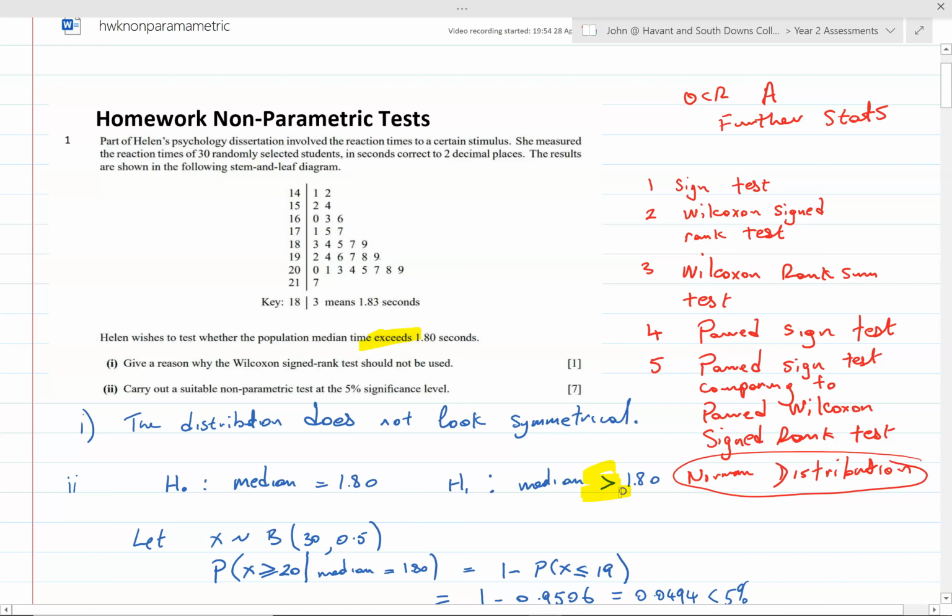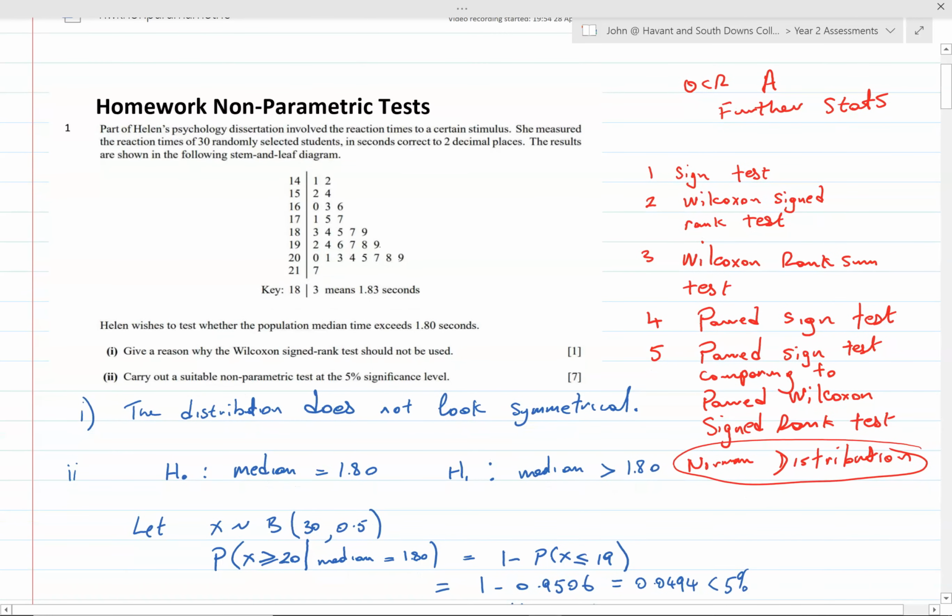So that's why we've got that inequality there and this equality here in our hypotheses. But remember, because it's a non-parametric test, we're dealing with rankings, and actually we're losing data effectively because we're not looking at the numbers themselves. We're looking at whether they're either side of the median. So it's important that we write the hypotheses correctly in terms of the median.